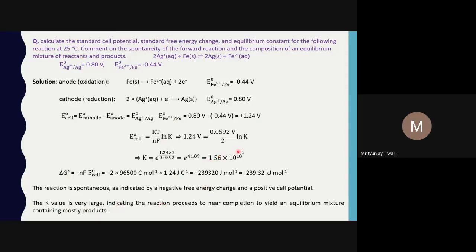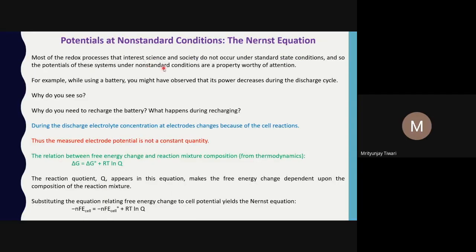It indicates that the reaction proceeds to near completion to yield an equilibrium mixture containing mostly products. So the reaction mixture at equilibrium will mostly contain products, because the equilibrium constant is very high. It means that in terms of concentration, the product concentration is much higher than the reactant concentration. That is why the value of K is very high.